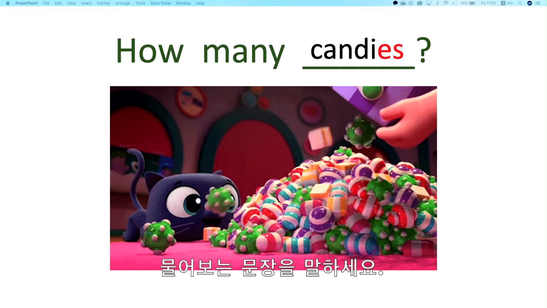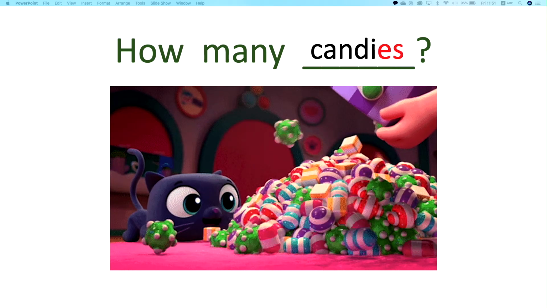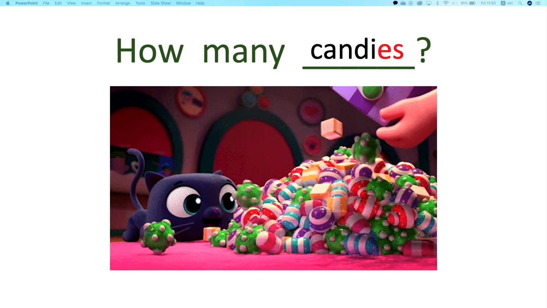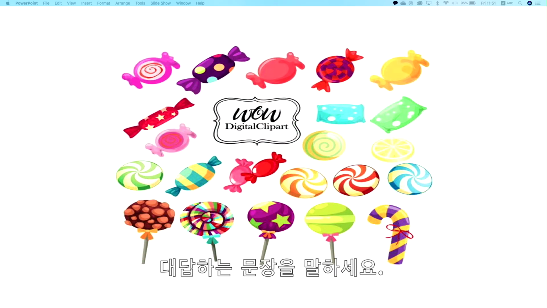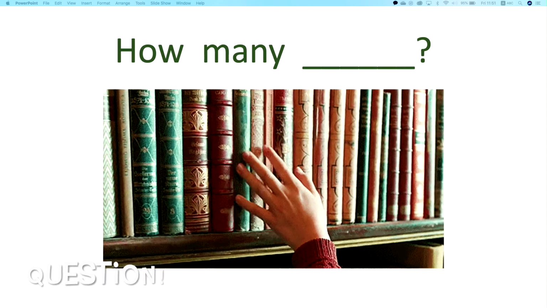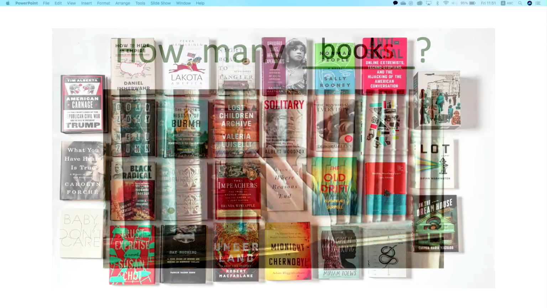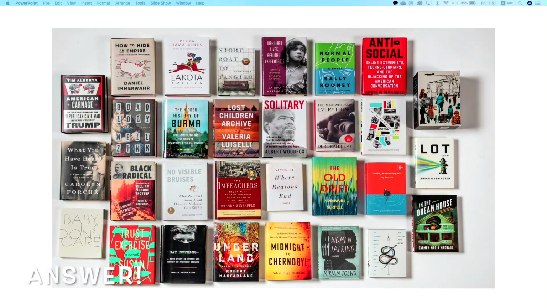Question: How many candies? Answer: 23 candies. Question: How many books? Answer: 30 books.